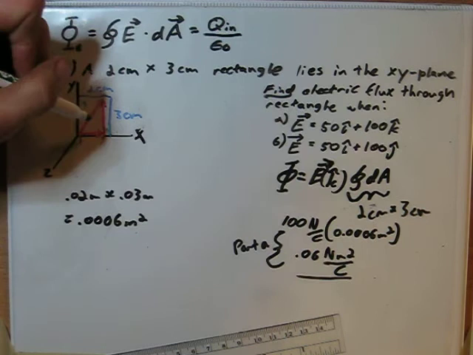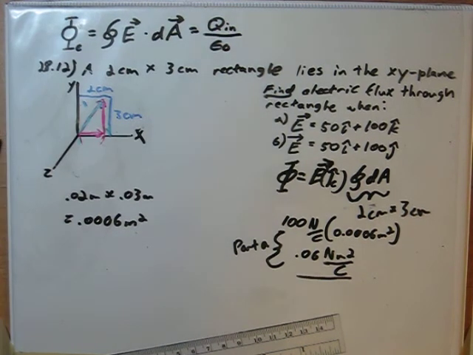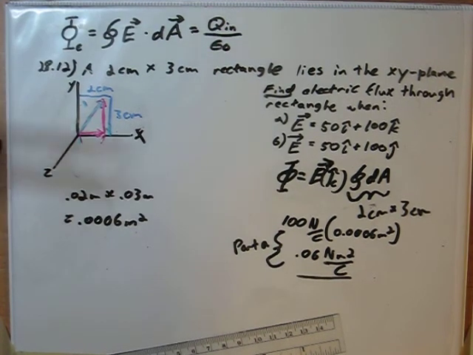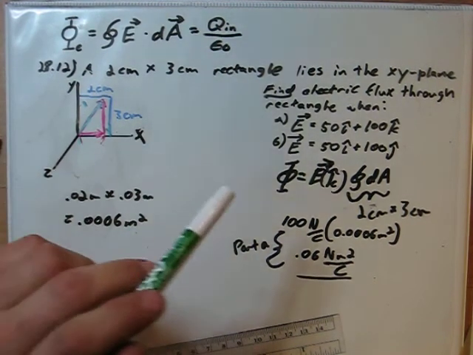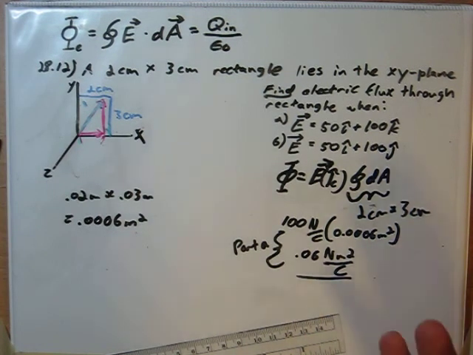Well, we need to remind ourselves of this dot product here, and we're really only interested in what is normal to our surface that actually passes through it, which is the k hat vector.